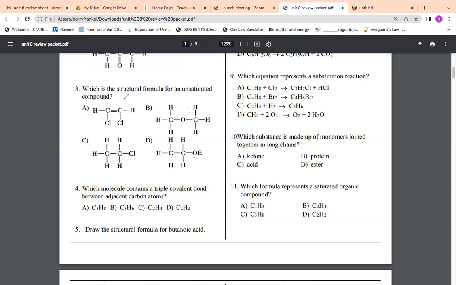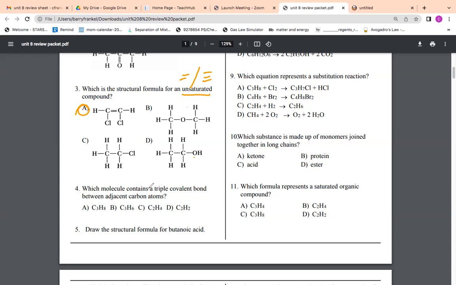You'll notice that none of these are actually hydrocarbons. We're looking for something unsaturated though, which means that it's going to have a double or a triple bond. So you're looking for an alkene or an alkyne, and there you go right here in choice A. We see a double bond between our 2 central carbons. So this is unsaturated. It means that we can break this bond and add other things into the compound if we wanted to.